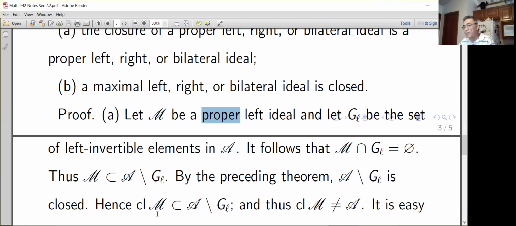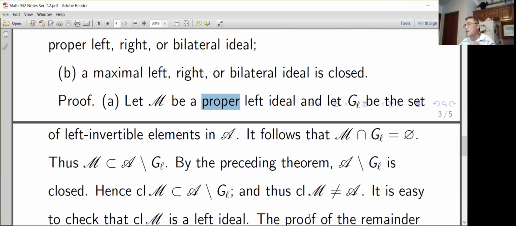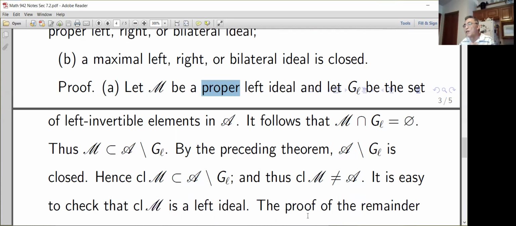By the definition of ideal, we can verify that since M is a left ideal, the closure of M is also a left ideal. Since the closure of M is included in A minus G_L, the closure of M is not the whole space A. So the closure of M is again a proper left ideal.